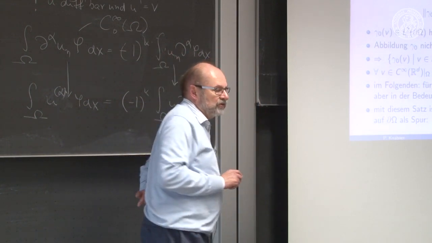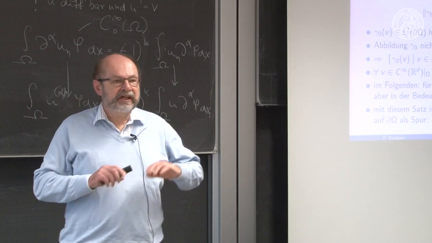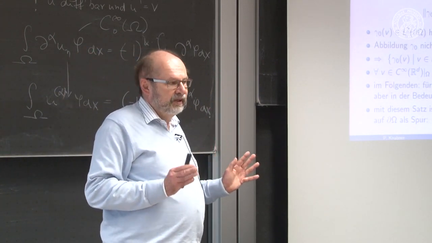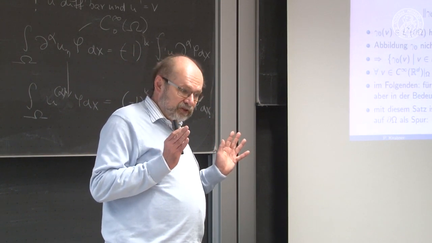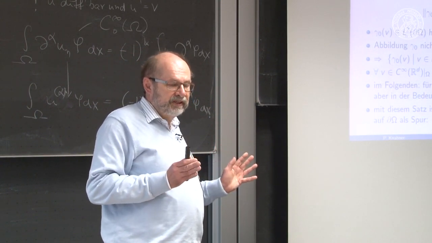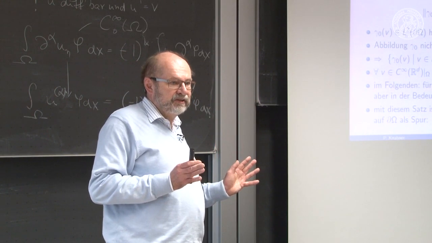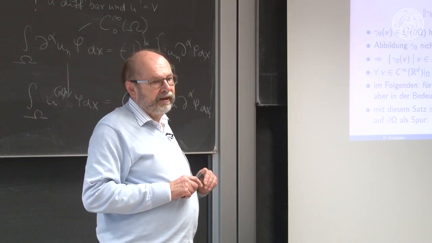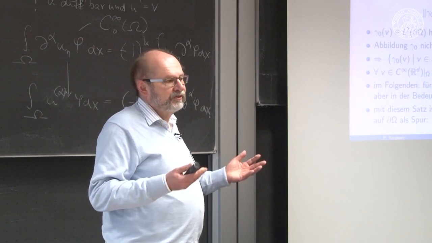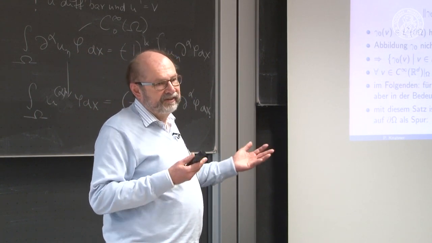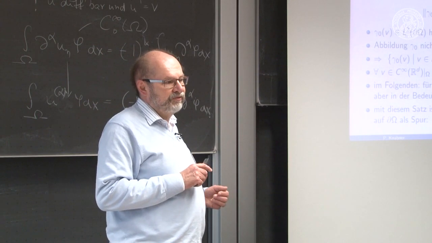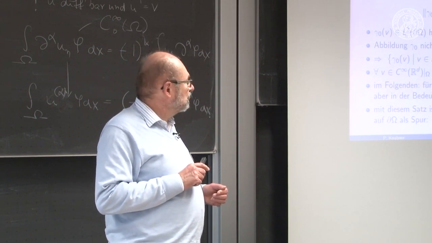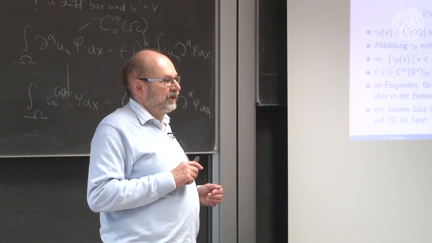This mapping is not surjective, so the image space is not the full L2 space. It's a strictly smaller space, it's a closed space, so it's again a complete space. And as it is closed, we also have nothing like density as we had before. So that means not every L2 function can appear as a trace.